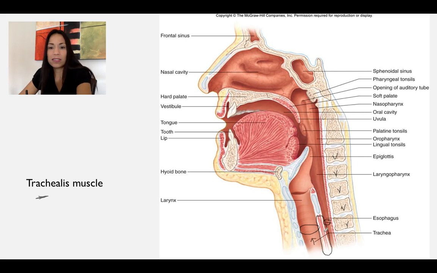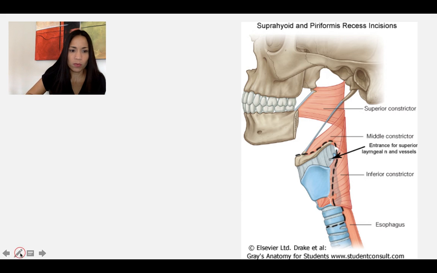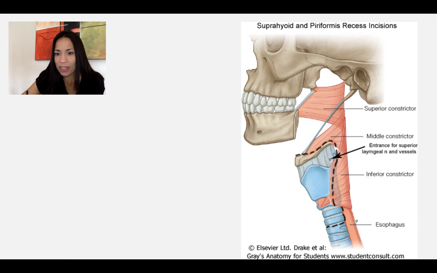Now, one more picture before that. So you can see the trachea in here. At this level, we will have the trachealis, and here is the esophagus. Now, the trachea consists of at least 15, 16, 20 of these cartilage rings. But this cartilage has the shape of a C. So we have a lateral side, an anterior side, and another lateral side. Posteriorly, they are open, and the posterior aspect of the trachea consists of the trachealis muscle and not cartilage.